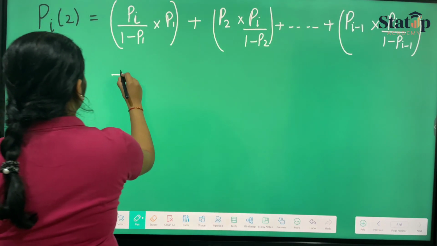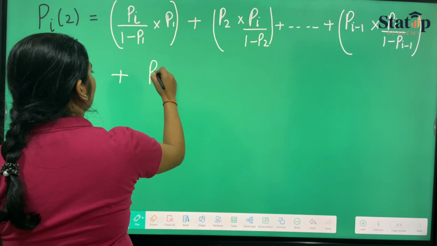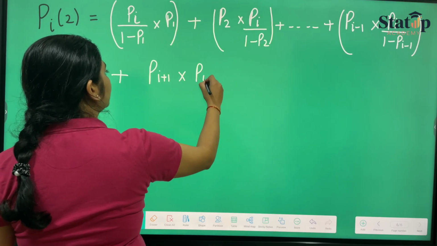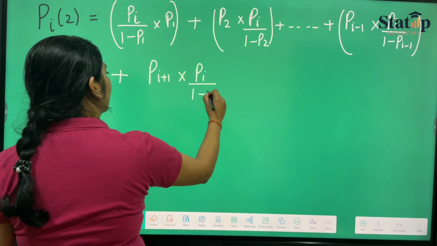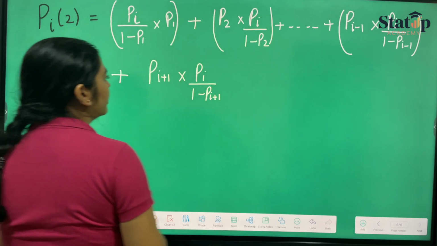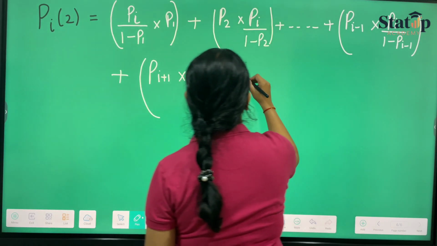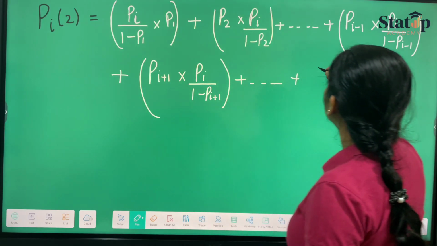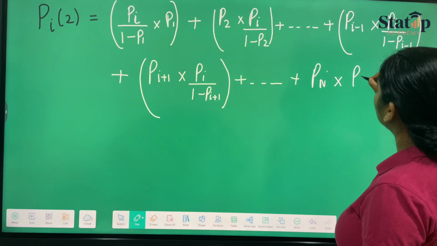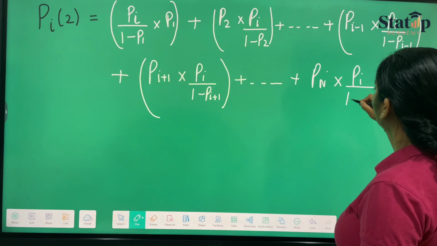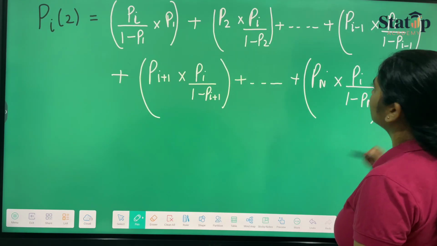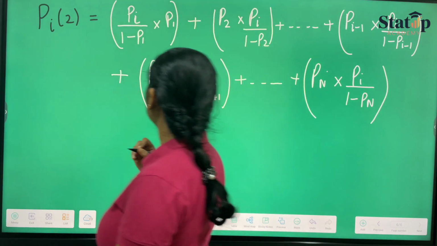Similarly, we can write the probability of selecting the (i plus 1) unit first and the probability of selecting the ith unit in the second row, and it would be 1 minus p(i+1). Similarly, going on further, the probability of selecting the nth unit first into the probability of selecting the ith unit in the second row upon 1 minus pn. So this would be our probability.